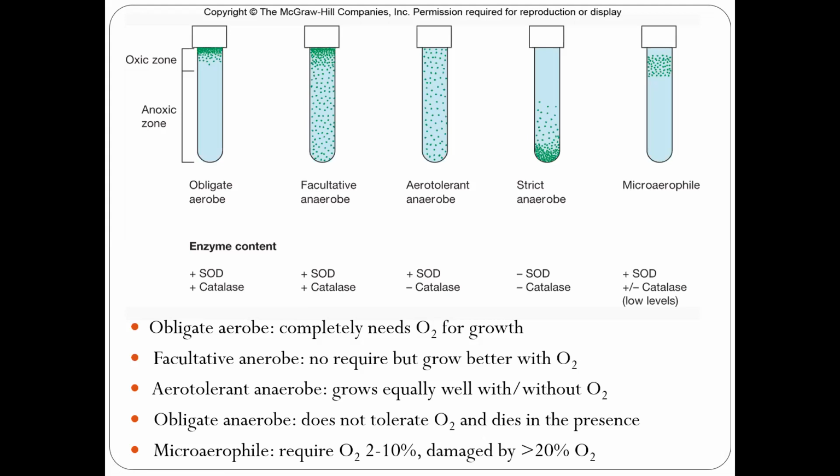If you don't have any of them, then bacteria cannot survive because oxygen is toxic for them, so they have to be strict anaerobes. That's the basic story. But depending on the amount of their SOD and catalase, they can be further categorized as aerotolerant and microaerophiles. So that's the conclusion of these slides.